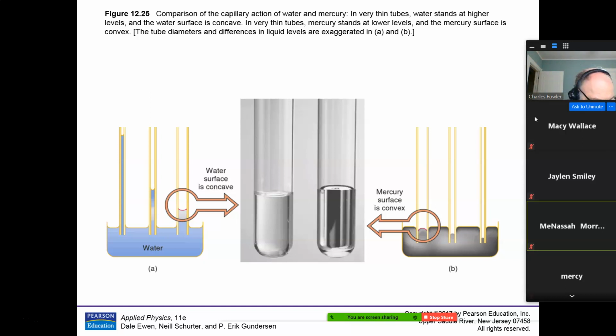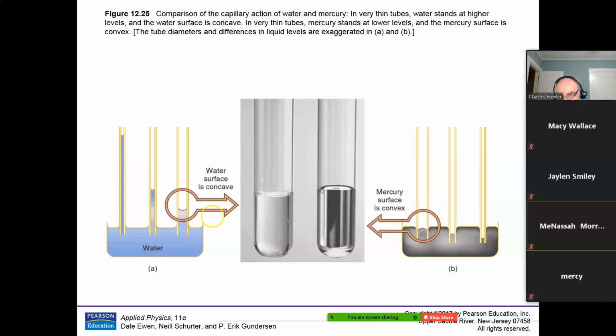The next topic or property of liquids is capillary action, and that's what these figures are showing. Capillary action is the behavior of liquids that causes the liquid level in very small diameter tubes to be different from that in a larger diameter tube, like this. In a very small capillary tube, the level will go up. The larger the tube, the more the level goes down. In this size area here, it's down almost at ground level, its normal level.